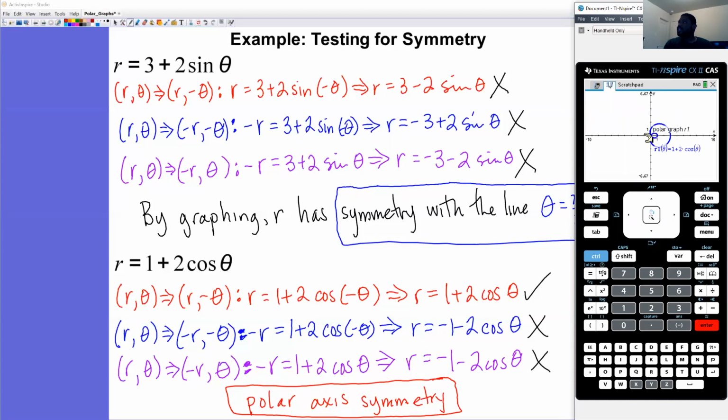And as you can see here, it has polar axis symmetry for sure. This is the polar axis right here. So not only did we verify it algebraically, but we verified it graphically as well.